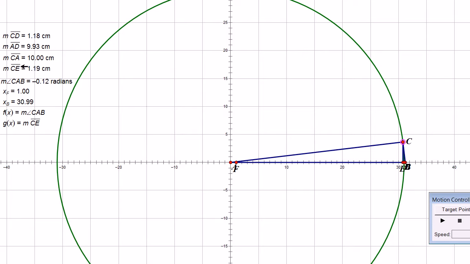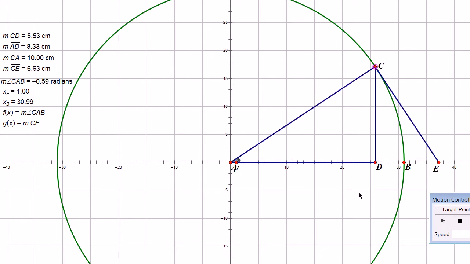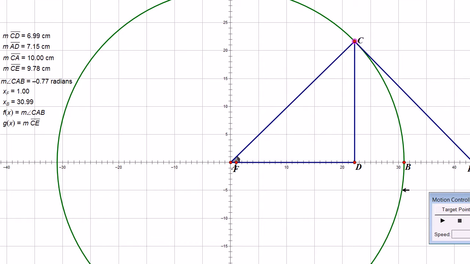AD, I'm sorry, is the cosine. You see that swings away a little bit more, so that approximation is not as good as that for the small angle approximation.